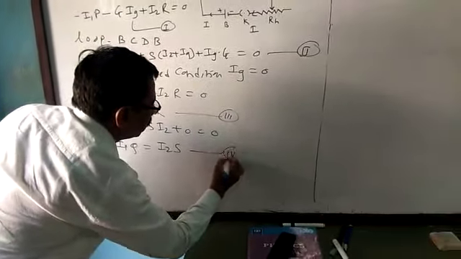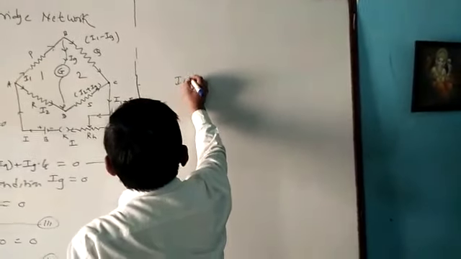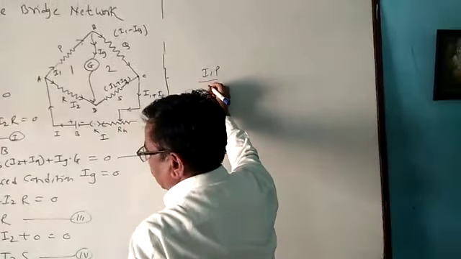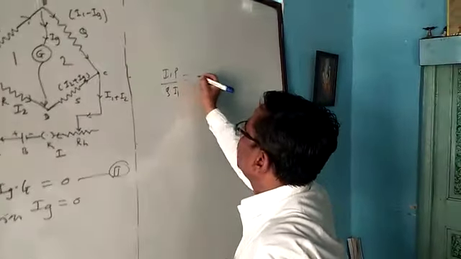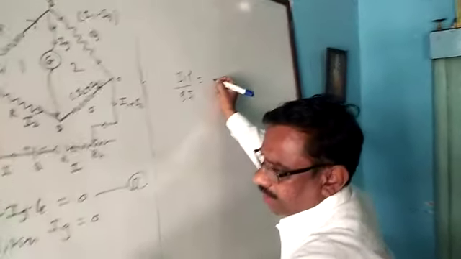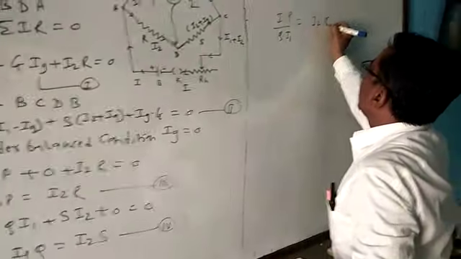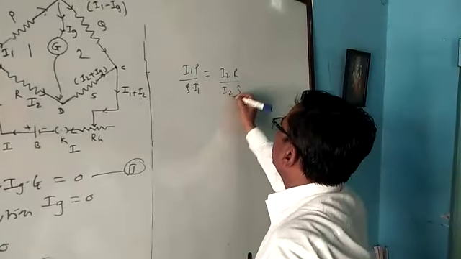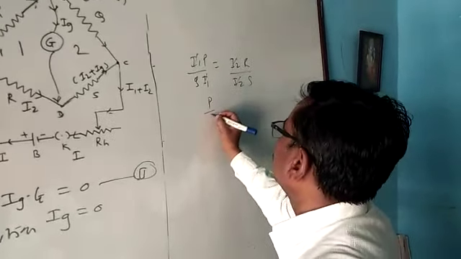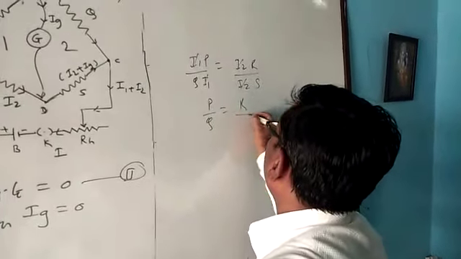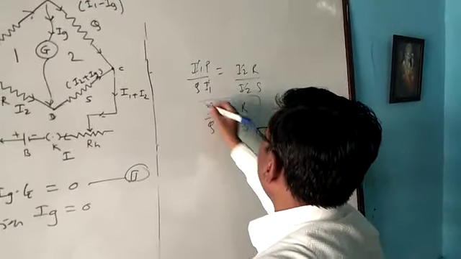Dividing equation 3 by 4, we get I1P upon Q into I1 is equal to I2R upon I2 into S. Therefore I1 and I2 get cancelled, and finally P upon Q is equal to R upon S. This is the balancing condition for the Wheatstone bridge network.